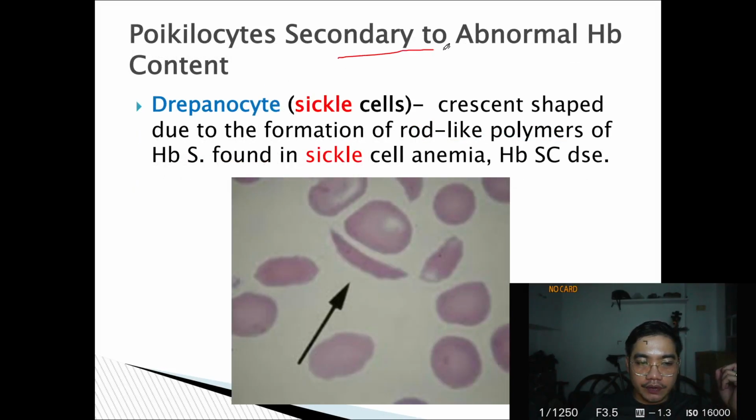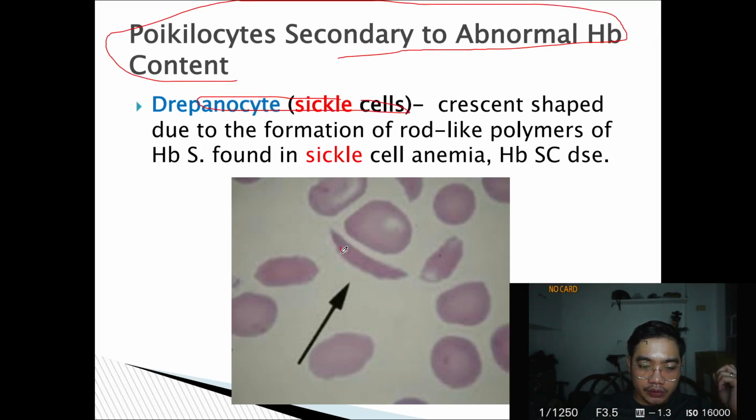So we also have your poikilocytes secondary to abnormal hemoglobin content. We have your sickle cells. No? This occurs when there is polymerization of your hemoglobin. There is a shift between valine and glutamine in your hemoglobin sequence, no, leading to polymerization of the hemoglobin when exposed to hypoxic conditions.